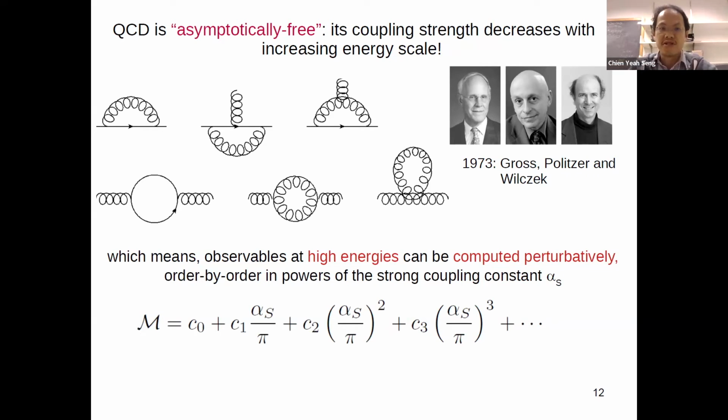So this shows that quantum chromodynamics becomes weaker and weaker when we are dealing with high energy scale experiments. So this is asymptotic freedom, and it was quickly realized that non-abelian gauge theory possesses the property of asymptotic freedom, which is due to the gluon loops that give a so-called anti-screening effect.